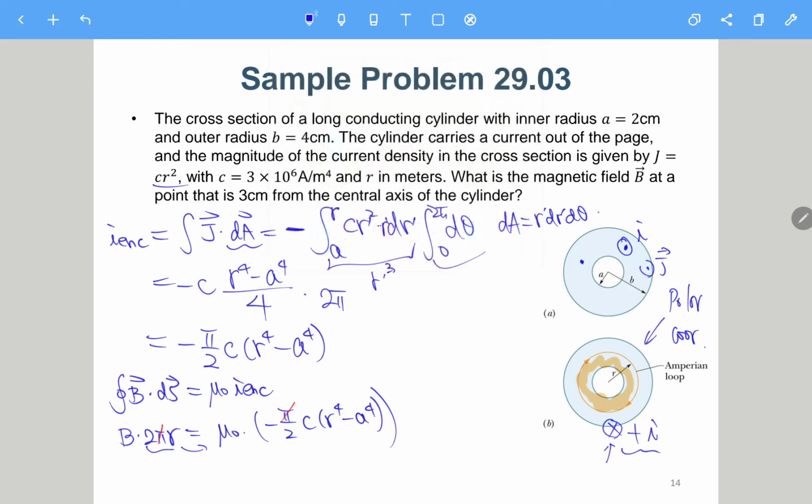So finally we will get B to be negative mu 0 over 4 pi... sorry, we don't have pi here because pi is already cancelled. We have r here, times C, and then r to the 4th power minus a to the 4th power, like this.